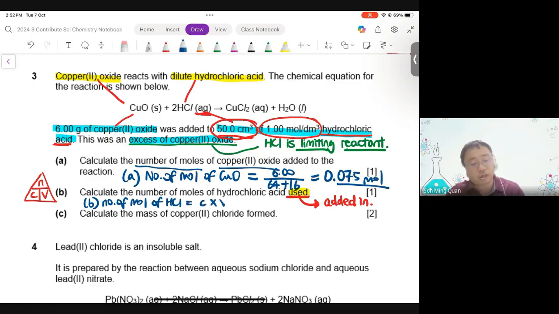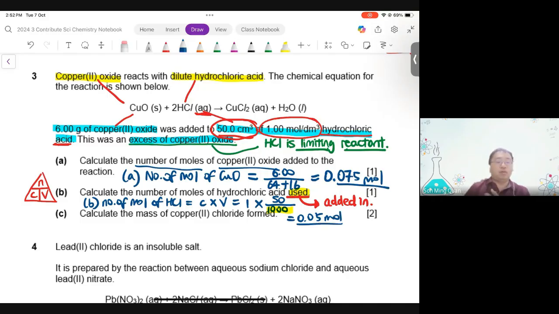It's just concentration times volume, 1 times 50 over 1000. So again, some of you have forgotten, your 50 cm cube has to be divided by 1000. You must always convert cm cube to dm cube by dividing by 1000. Now, once you have done that, actually the rest is very straightforward.